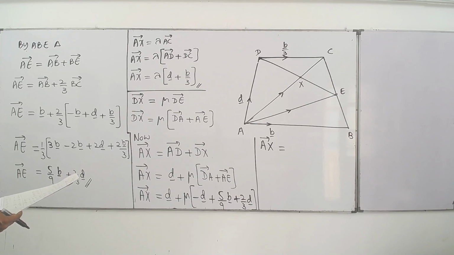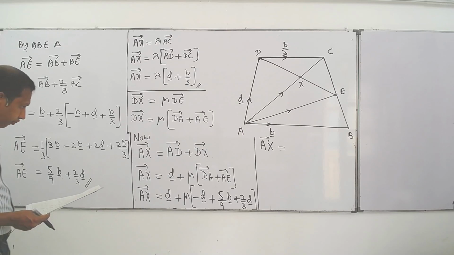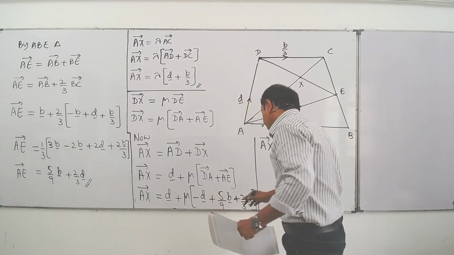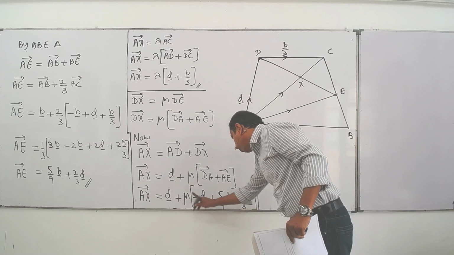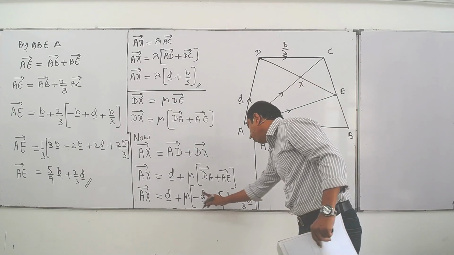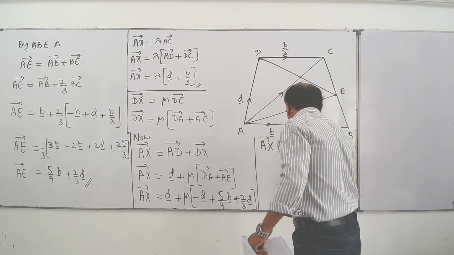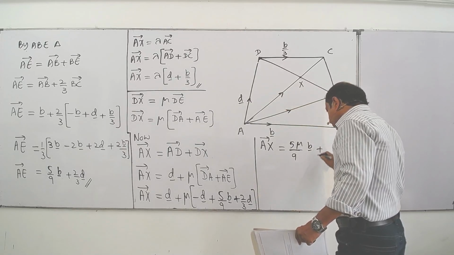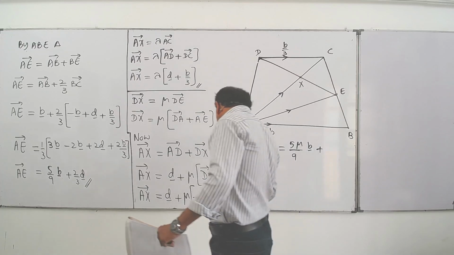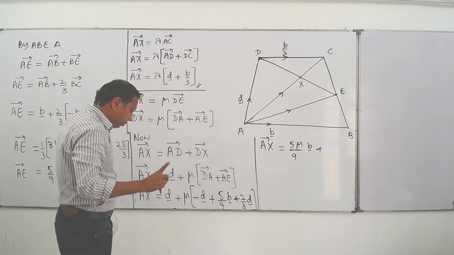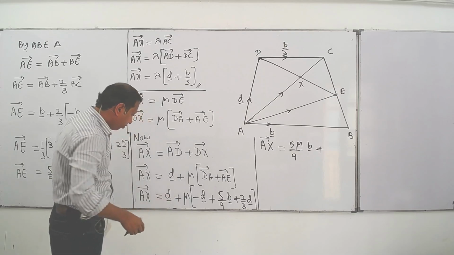B and D we can take separately. B vector I can first write like this. AX vector is then mu into this, 5 mu by 9 B. Next one, when we take D, here we get 2/3 D minus D minus 1/3 D, multiplied by mu.